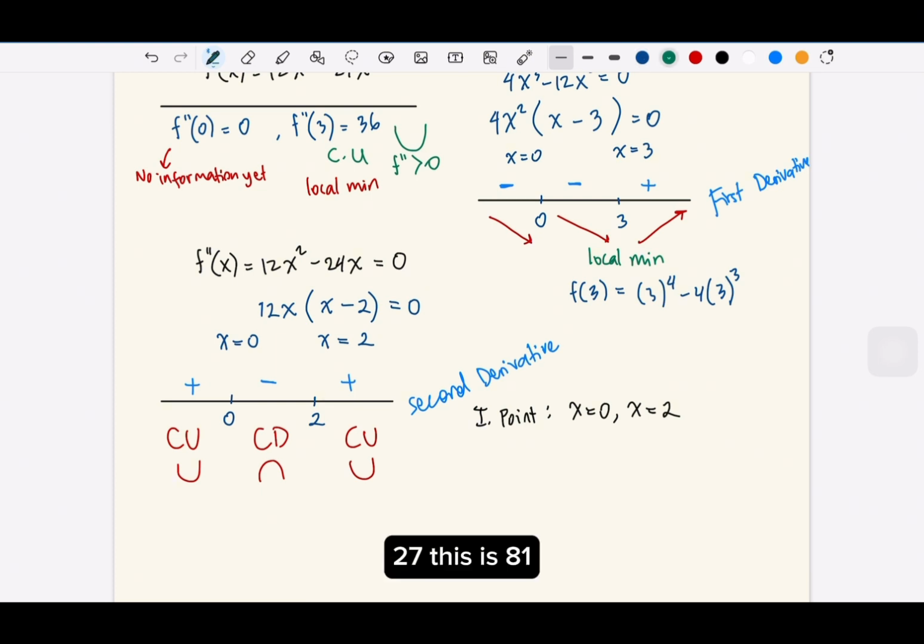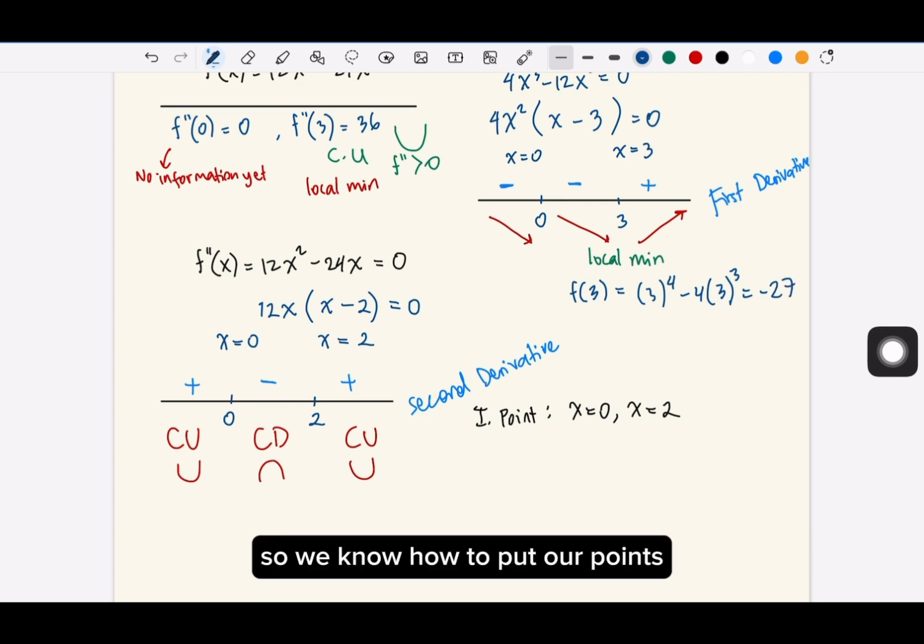This is 81. 27 times 4 is 108. So 108 minus 81 is 27, right? It is negative 27. So we know how to put our points.